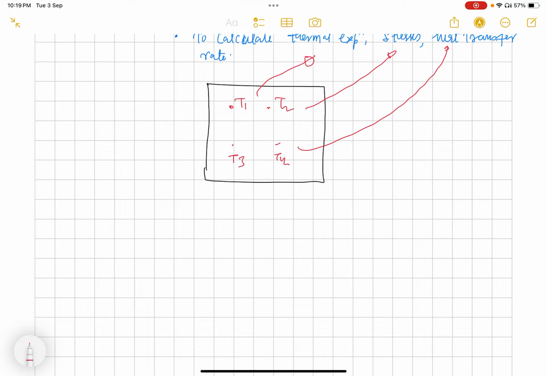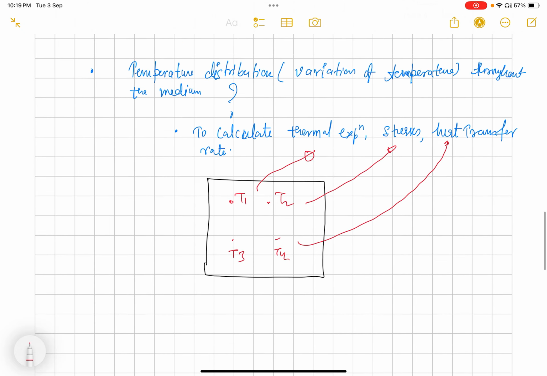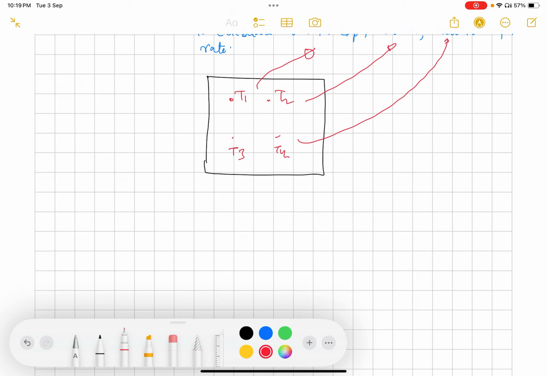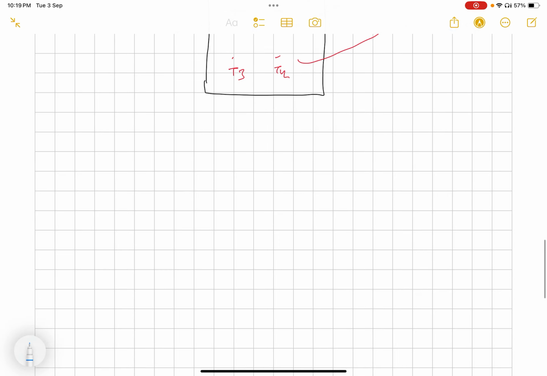So if we want to calculate the temperature distribution, we have to specify the temperature at every point, and for specifying the temperature in a medium, we need two things: location, that is, at which location we specify the temperature, and the time.